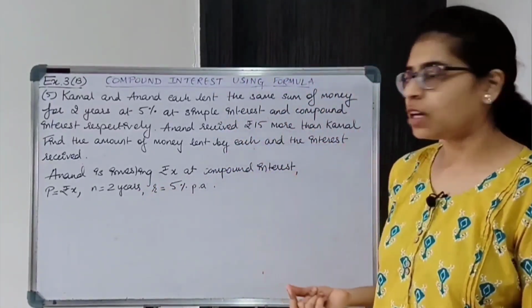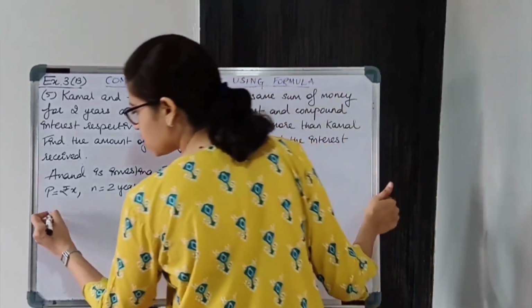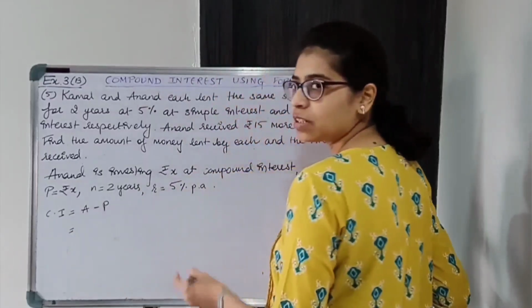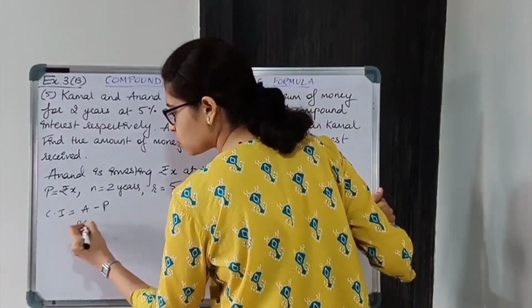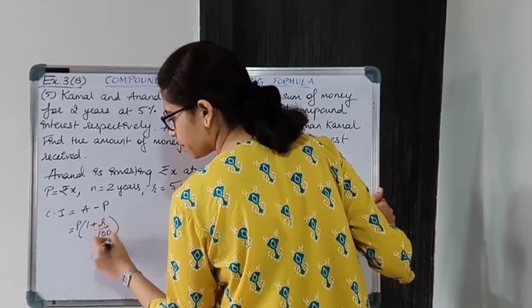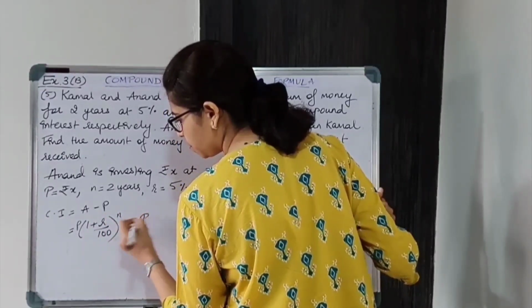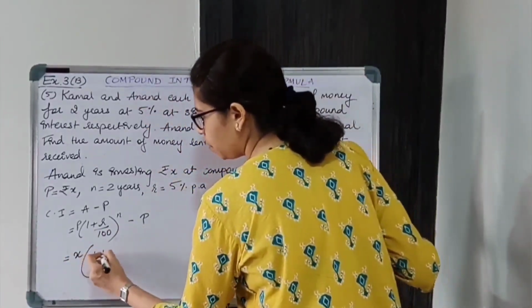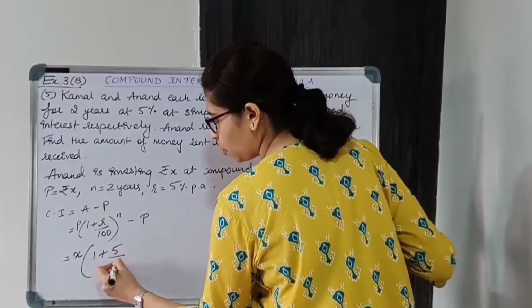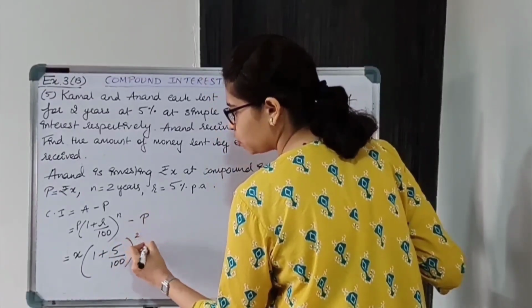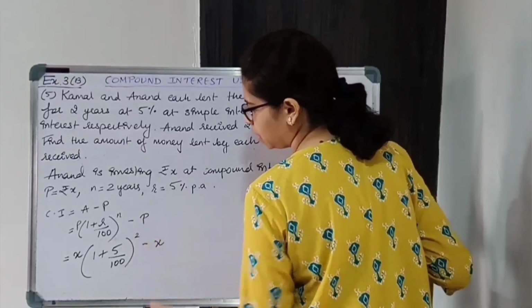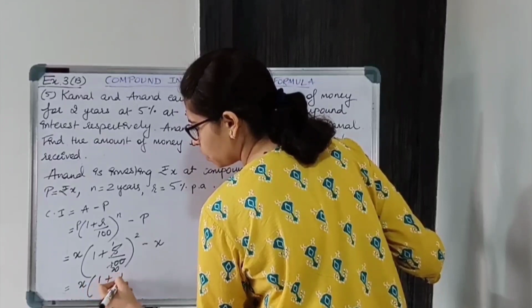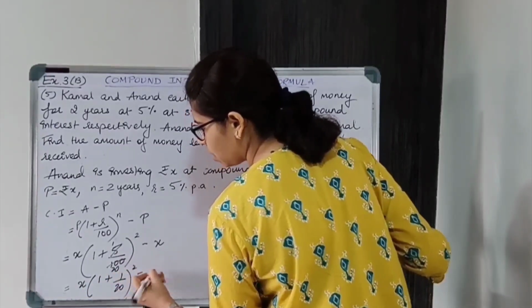Now using the formula we'll find compound interest. Compound interest is amount minus principal. Amount is P into 1 plus R upon 100 raised to N, minus P. P is X, and 1 plus R is 5 upon 100 raised to N is 2, minus P is X again. 5 ones are 5, 5 20s are 100. So we get X into 1 plus 1 upon 20 raised to 2 minus X.